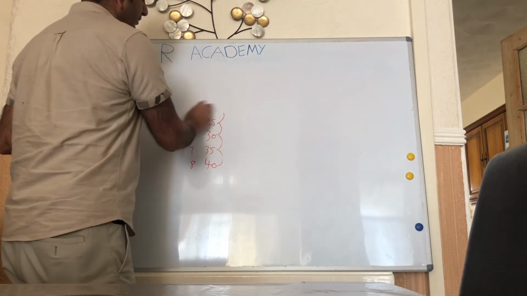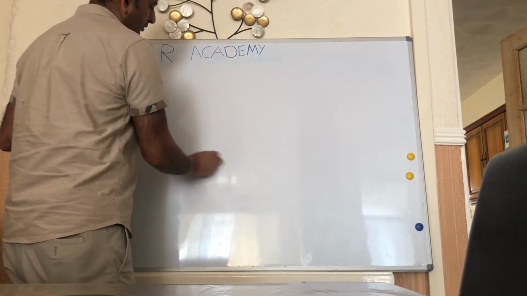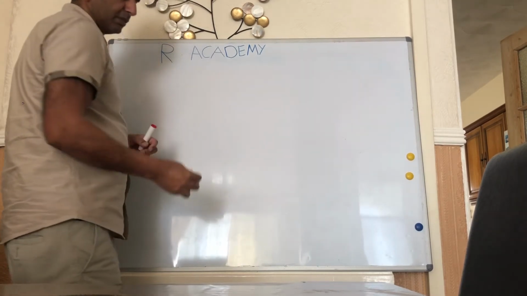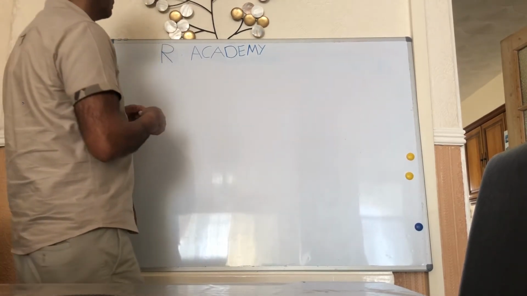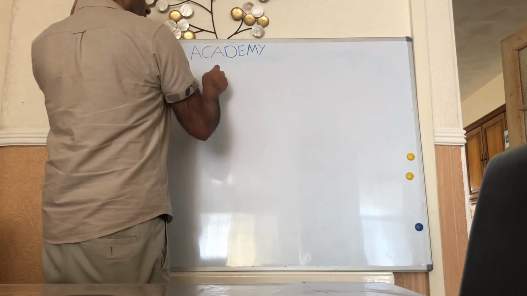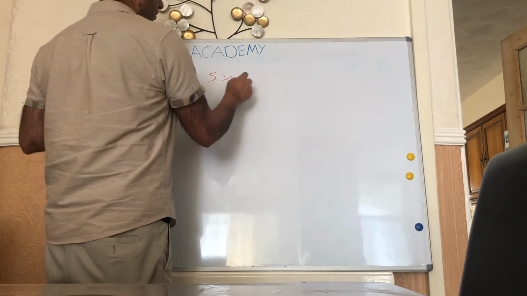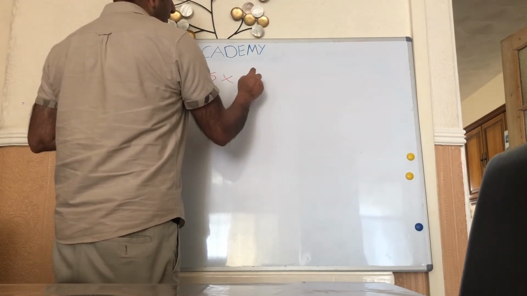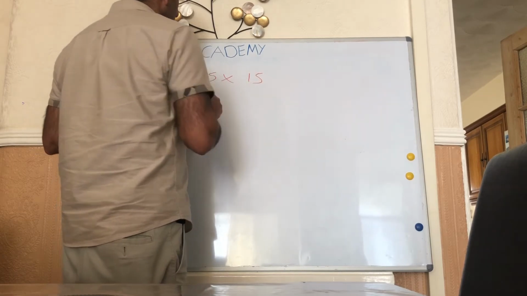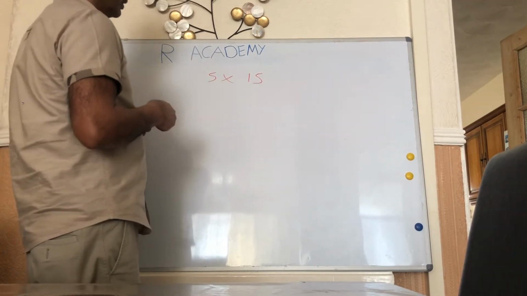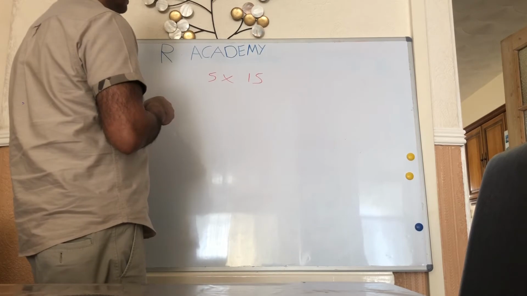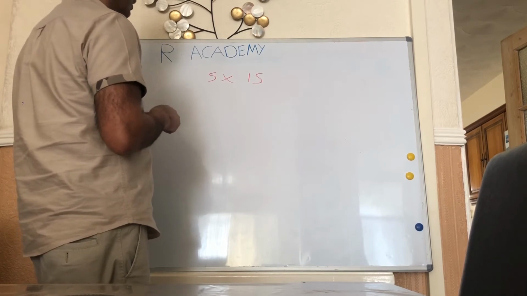Smaller numbers, you can work with many. So if you was going to do, say 5 times 15, that's a little bit smaller than the one we just done previously.